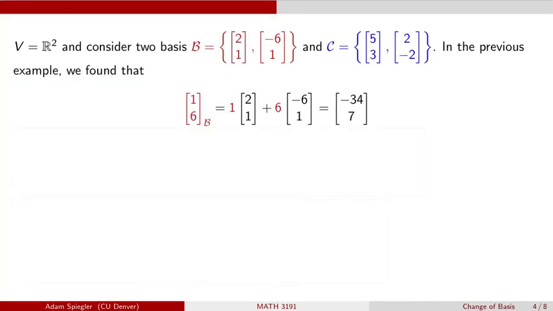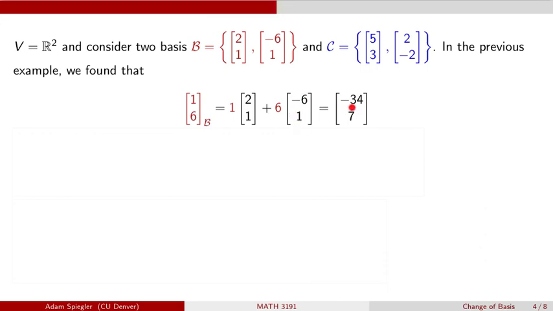And to summarize the results from the previous slide, if V is the vector space R2, and we have these same two bases B and C that we discussed on the previous slide, then we found that we can go from B coordinates to standard coordinates by multiplying by the change of coordinate matrix P sub B. So this means we would take 1 times 2, 1 plus 6 times the second basis vector minus 6, 1.